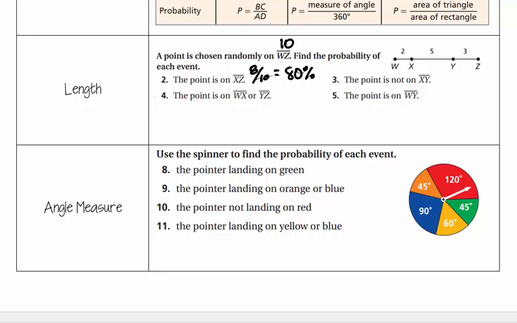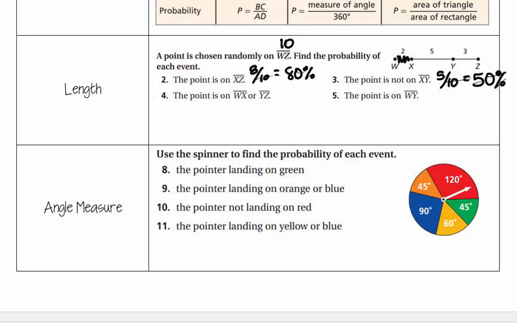For number 3, the point is not on XY, so we don't want XY there. It could either land here or here. So 2 and 3 gives us 5 out of the total of 10, or it's a 50% chance this happens. And the next one, the point is on WX or YZ.